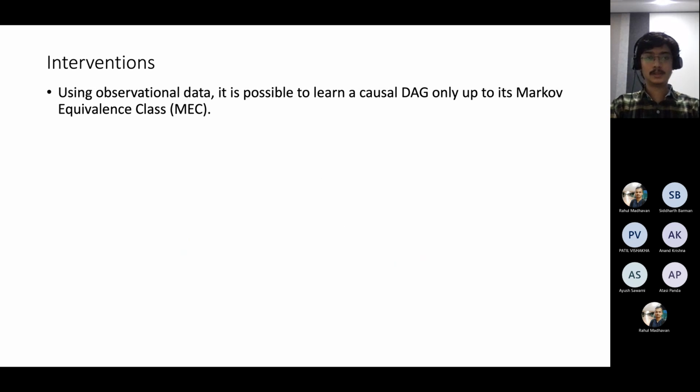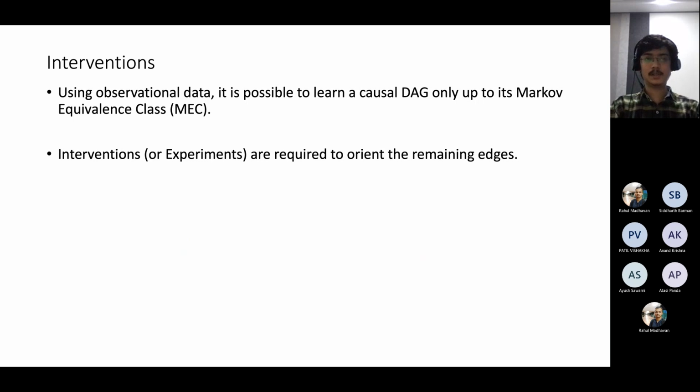Okay, so using observational data, like just collecting data from a system, it is possible to learn a causal DAG only up to something called a Markov equivalence class that has undirected edges. So I'll later define exactly what a Markov equivalence class is, but the point is that it has undirected edges, and to direct the edges, it is necessary to do something called interventions.